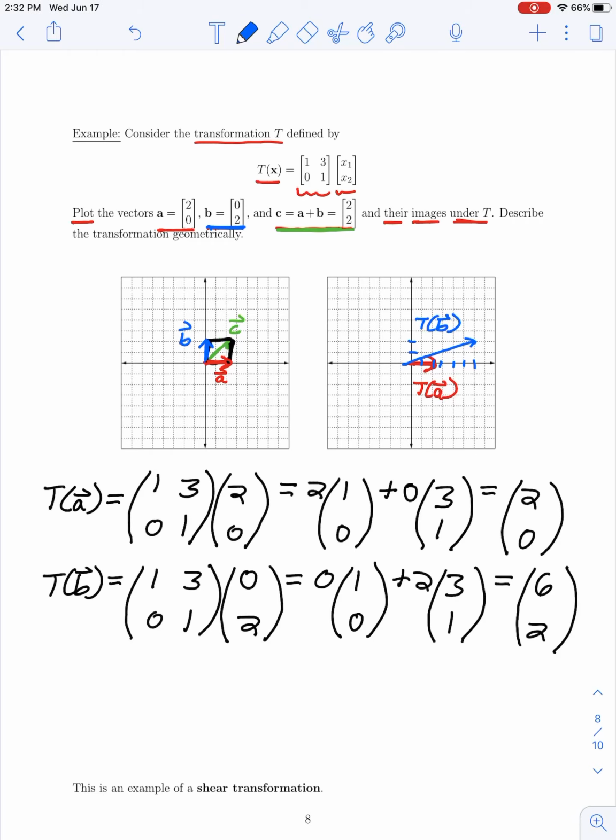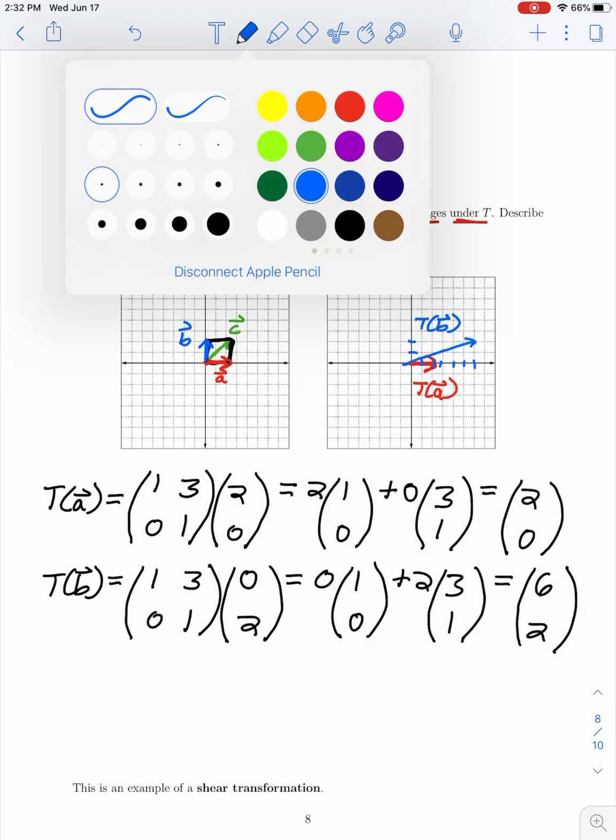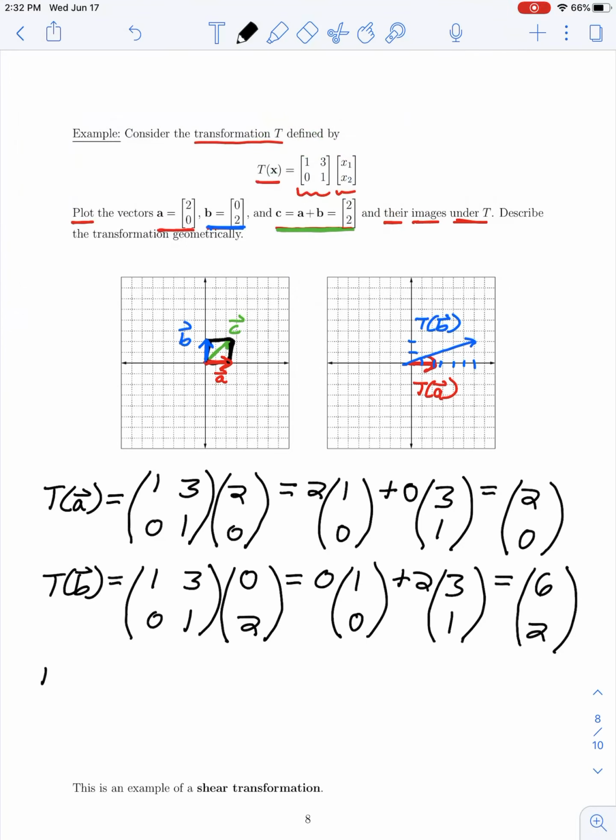And then the transform of C, which was the sum of A and B. Well, since T is a matrix transform, defined as a matrix times a vector, we know that it is a linear transform. We said earlier all matrix transforms are linear.